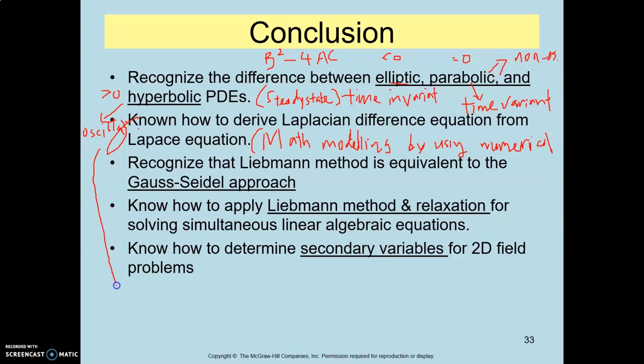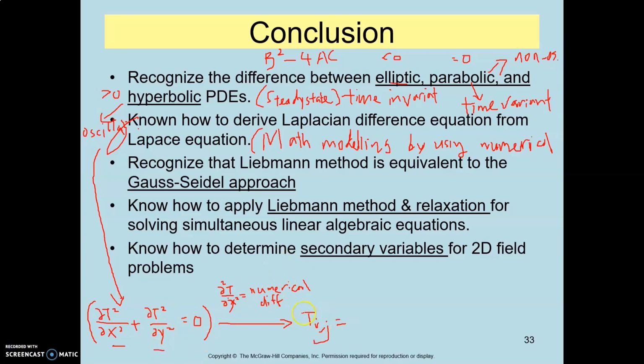For example, if you have a Laplace equation for a 2D problem, by using some numerical differentiation, you can substitute the delta squared T over delta x squared here, as well as delta squared T over delta y squared here, to find the T function with respect to i, j.